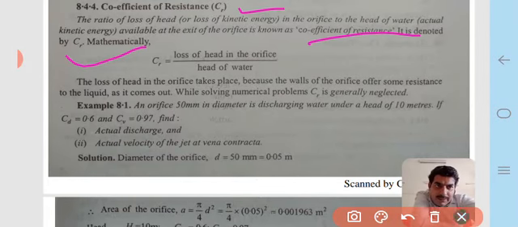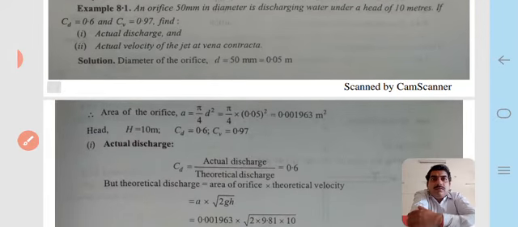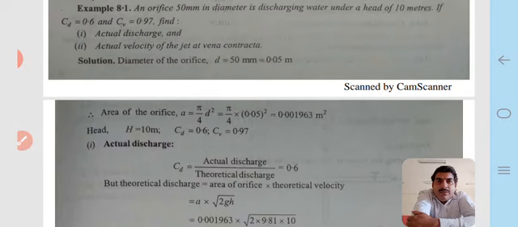Now we come to the example part, based on the orifice. An orifice 50 millimeter in diameter is discharging water under a head of 10 meters.